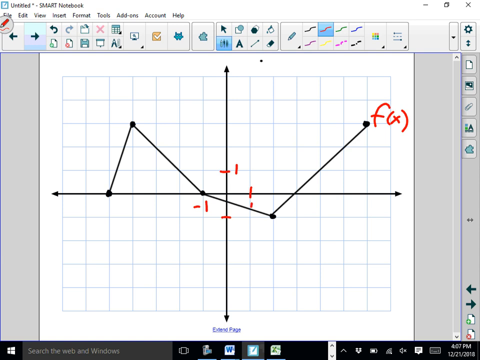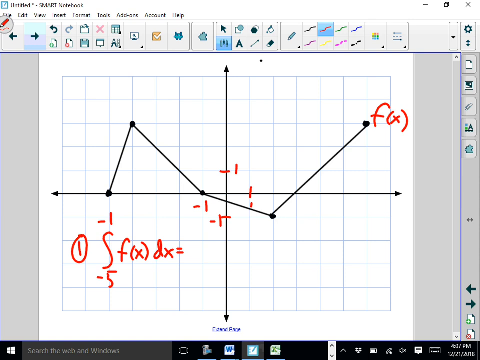Okay, so my first question is, what is the integral from -5 to -1 of f of x dx? See if you can figure that out on your own. So what do we think?